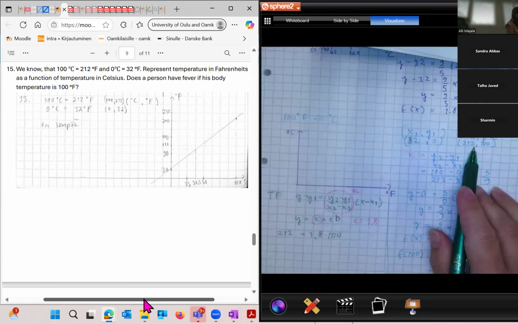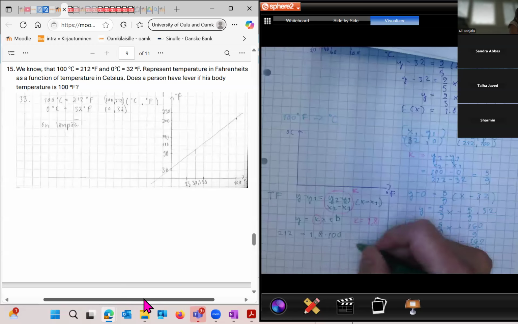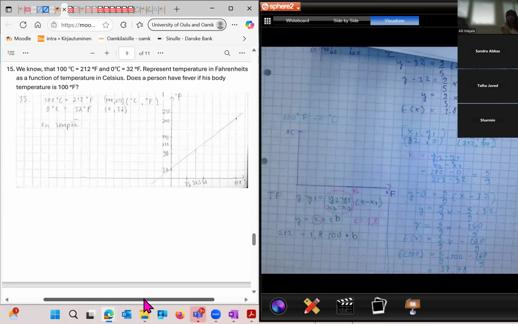So this point is being used, and now there's still the b. Now you can solve the b from this equation, just like was done here.